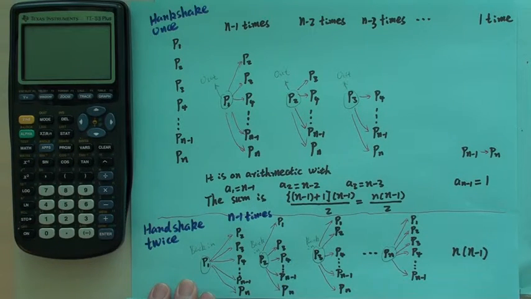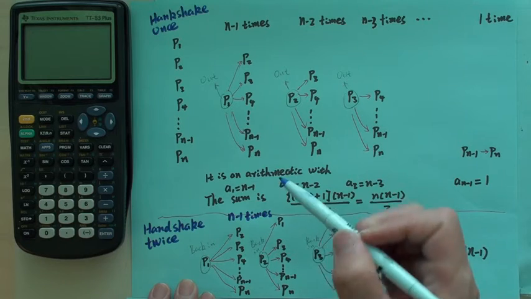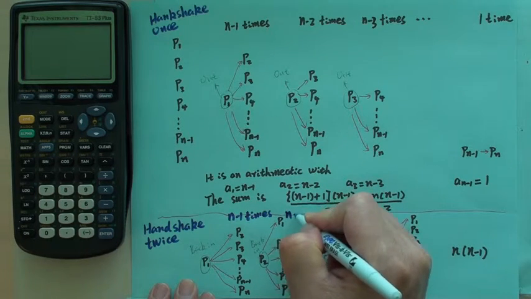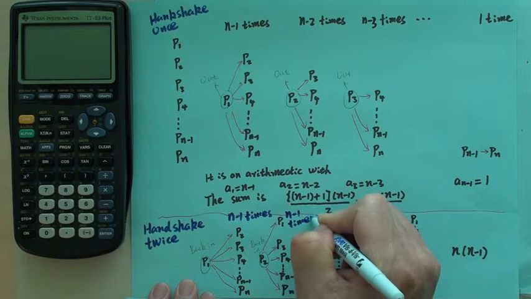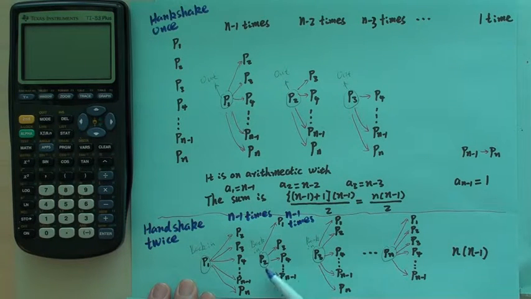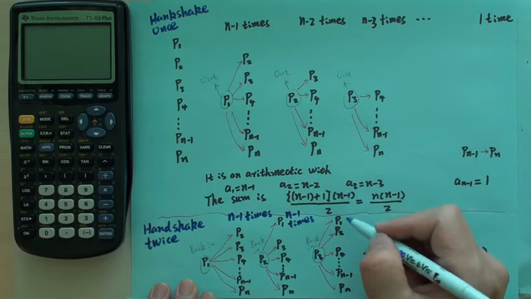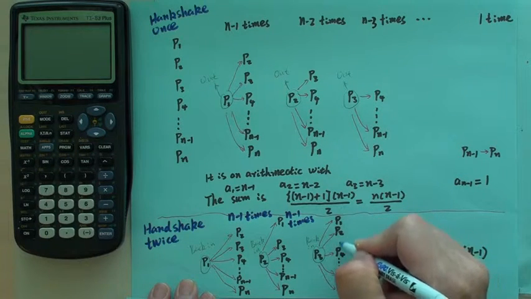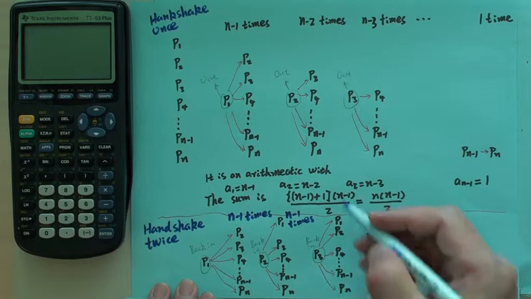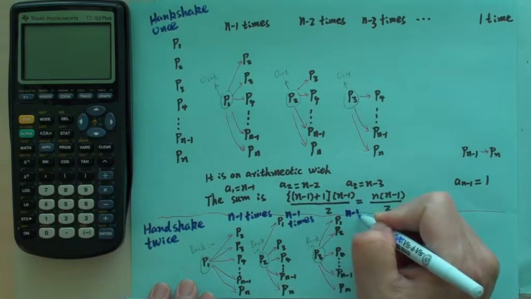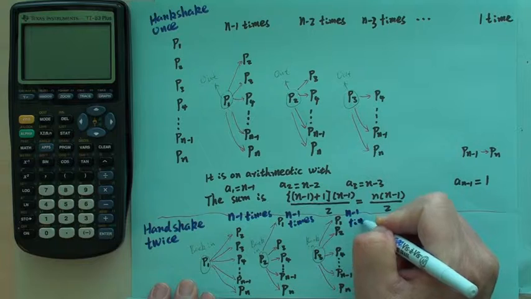The second person does the same because the first person is back in and the second person is out. It also does n-1 times. And then the second person is in. And then the third person, you see, I leave a space here. It also does n-1 times.